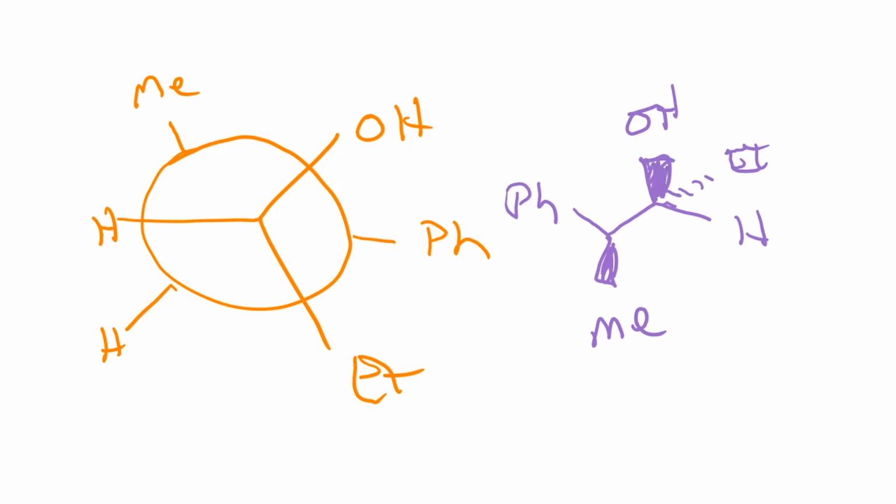Now if you go back and check the major and minor products from the previous lecture, you will find that this was the major product that was formed. Therefore the Felkin-Anh model is a very powerful model to help us understand the experimental outcome. This model has been developed using very rational methods.